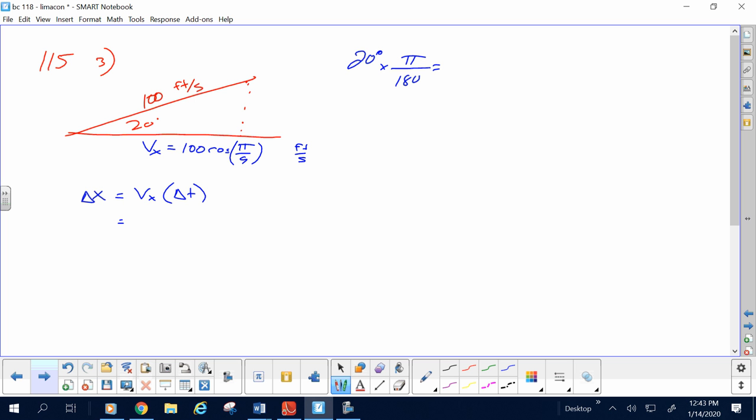So we're talking 100 cosine pi over 9 feet per second for 3 seconds. So 300 cosine pi over 9 is fine with me. Are you cool? And that's feet. Does that make sense? Okay, cool.